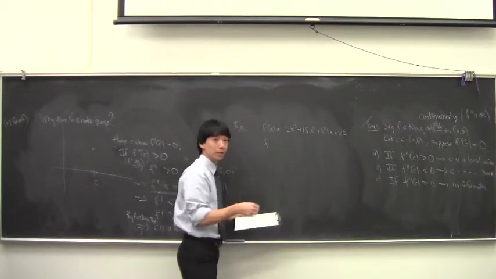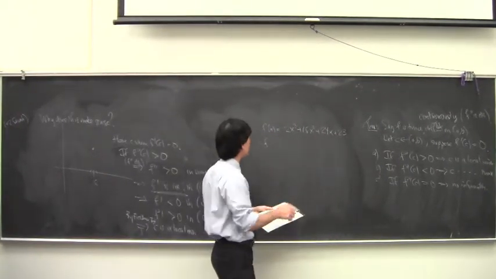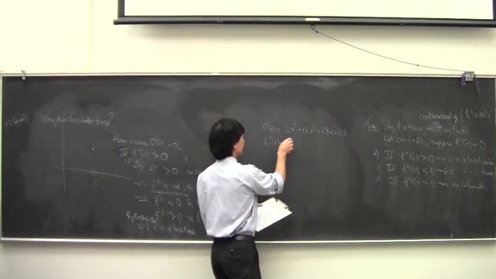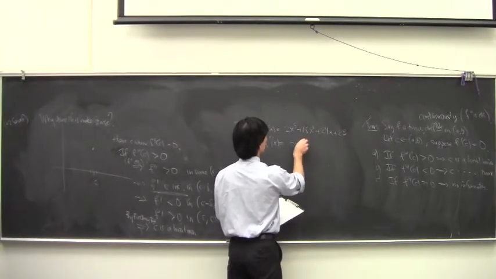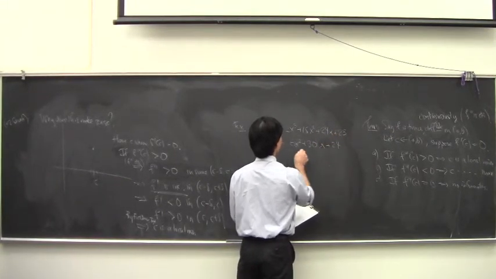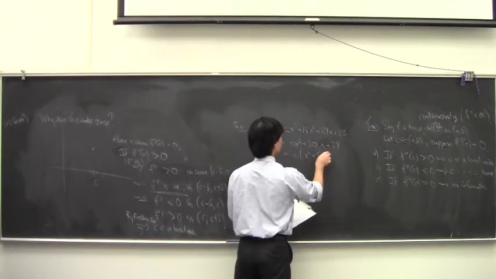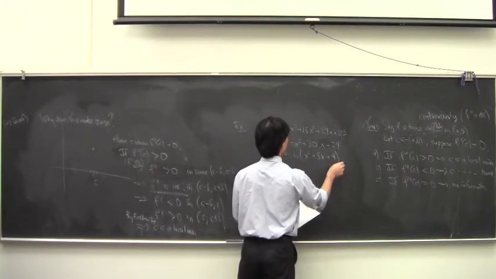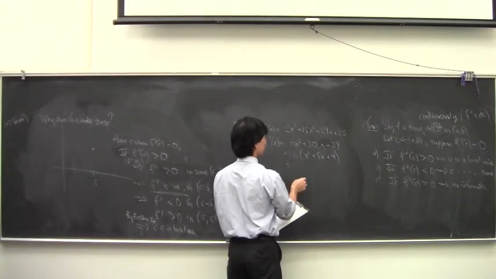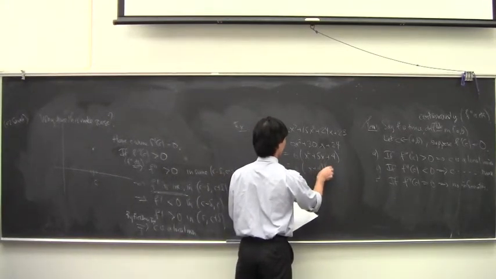So let's just do it together. Let's find maxes and mins. Take the first derivative, we get 6x squared plus 30x plus 24. That's 6 times x squared plus 5x plus 4. That's 6 times x plus 4 times x plus 1.